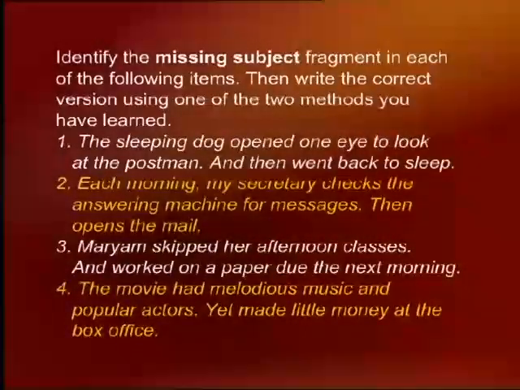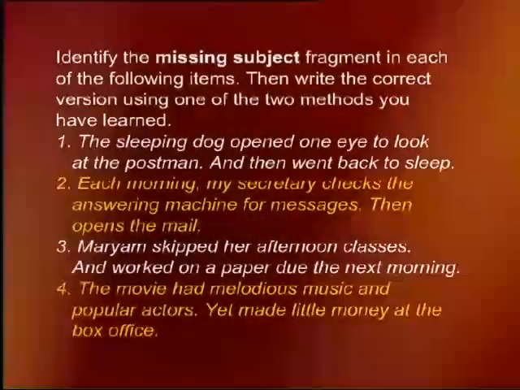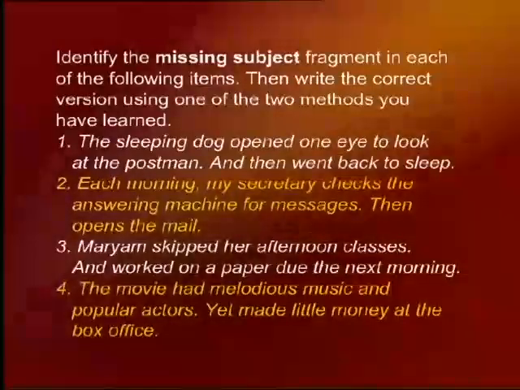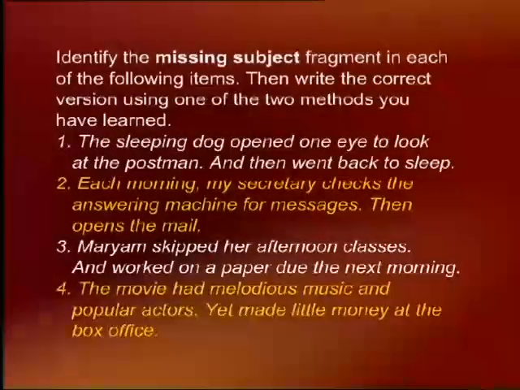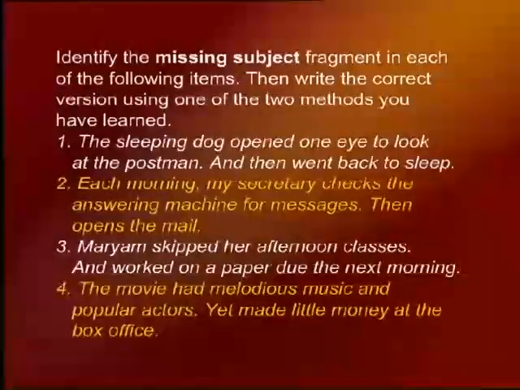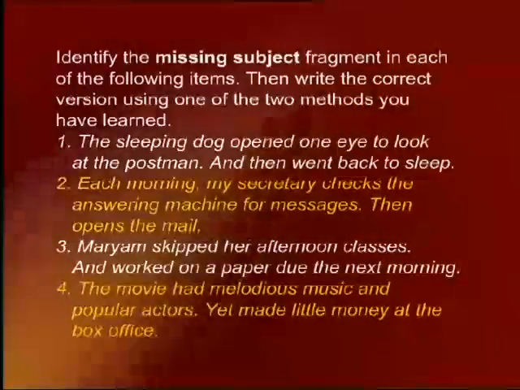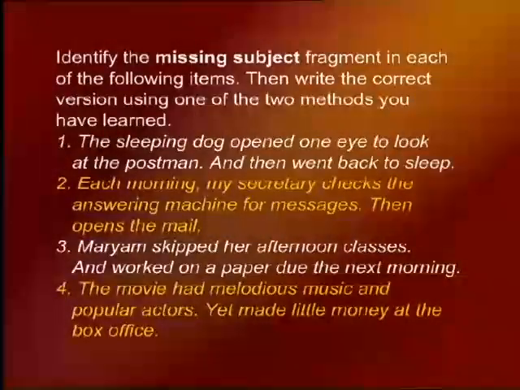The sleeping dog opened one eye to look at the postman, and then it went back to sleep. You've inserted the pronoun it, which refers back to the sleeping dog, the subject of the first sentence.